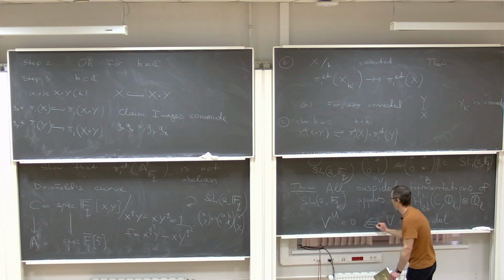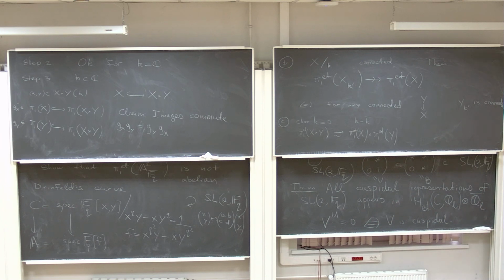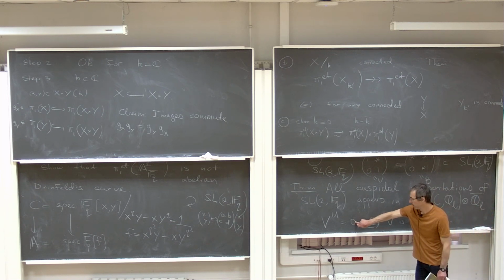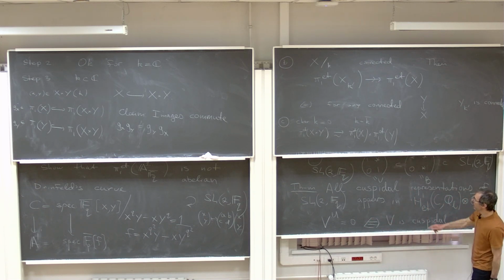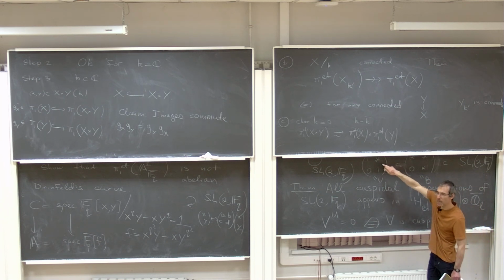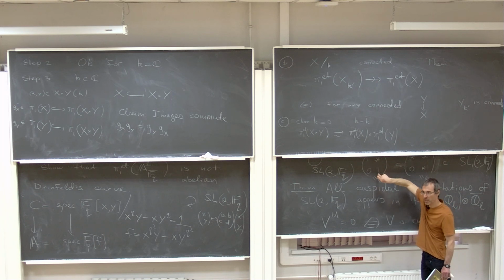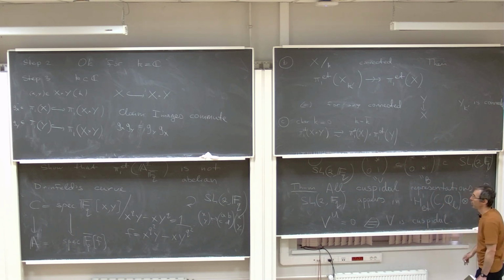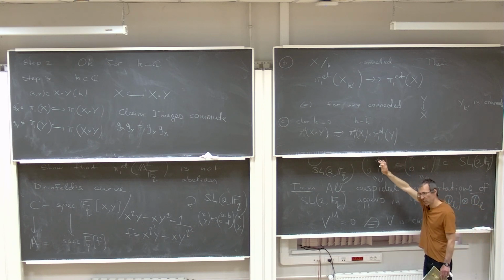Now, if your irreducible representation is not cuspidal, so if the space of U-invariants is not 0, then by Frobenius reciprocity the representation sits inside the representation induced from the trivial representation of this unipotent subgroup. These are called principal series representations, and you have very explicit descriptions.